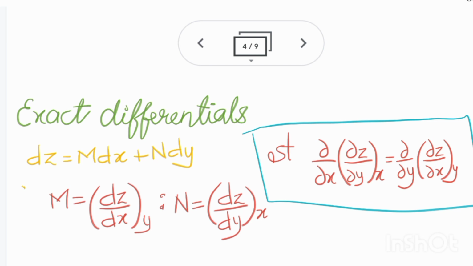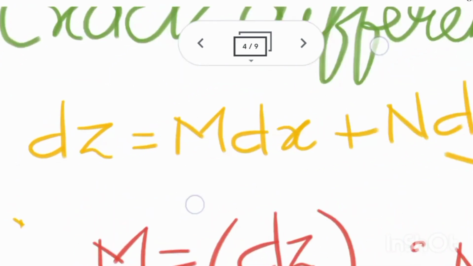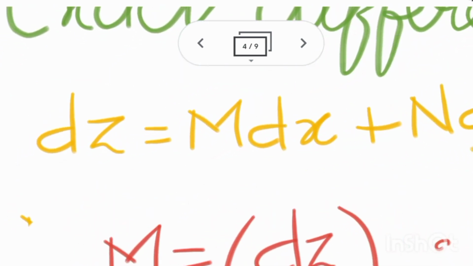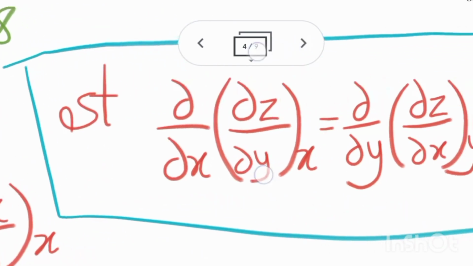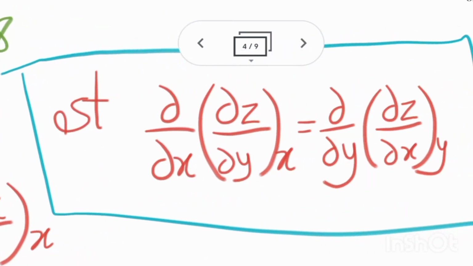This means that if an equation is written as dz equals M dx plus N dy, then M will equal ∂z/∂x at constant y and N will equal ∂z/∂y at constant x, such that the double differentiation of the function z with respect to x and y will be equal to the double differentiation of z with respect to y and x.